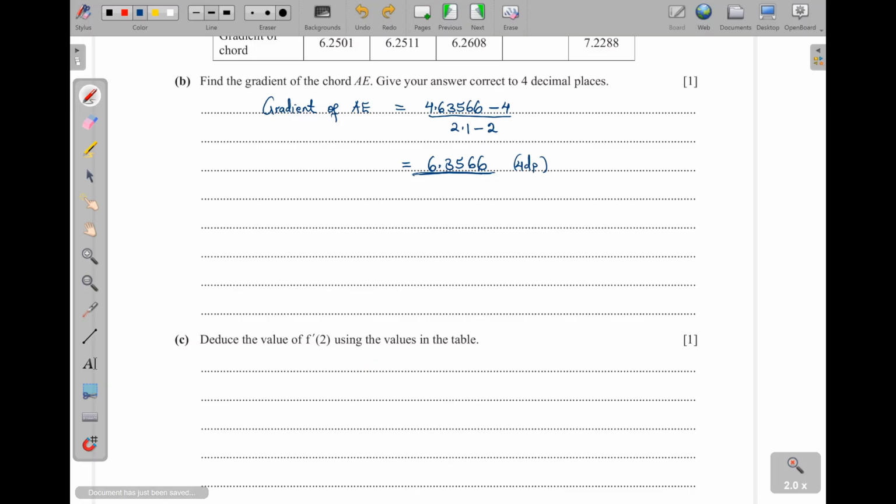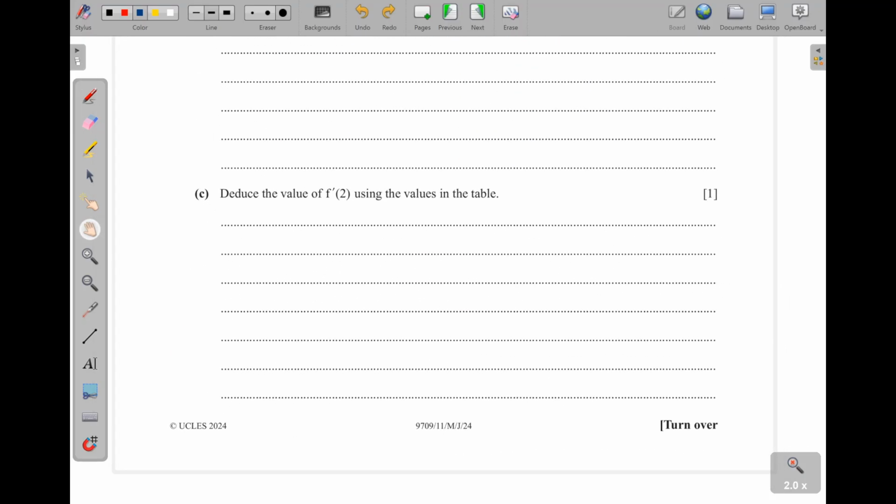Now, by looking at what we are having up there, let me just do a sketch here. It's like I have a curve here, and in that curve, there are points here. Okay, let's say this is the point A, which is (2, 4).